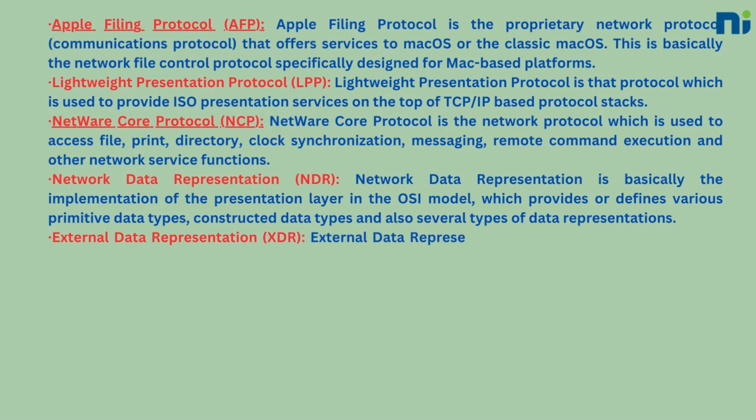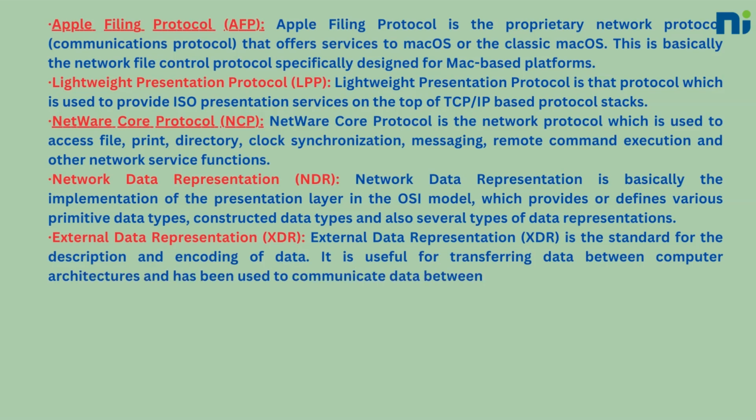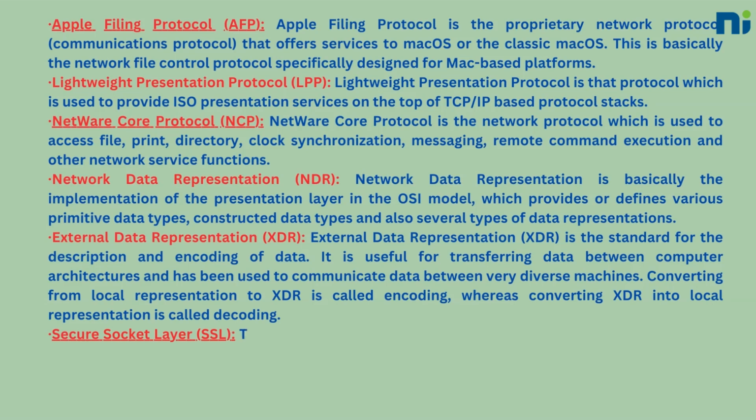External Data Representation, XDR. External Data Representation, XDR, is the standard for the description and encoding of data. It is useful for transferring data between computer architectures and has been used to communicate data between very diverse machines. Converting from local representation to XDR is called encoding, whereas converting XDR into local representation is called decoding.